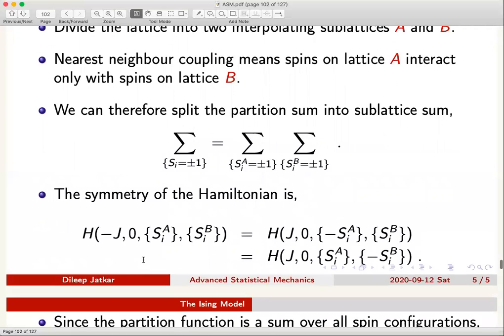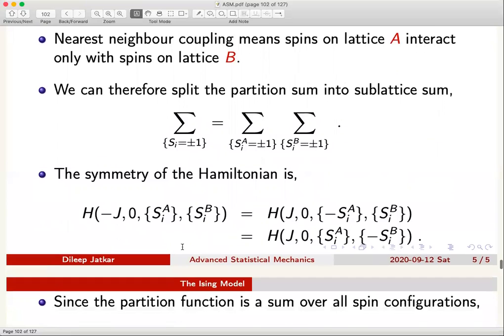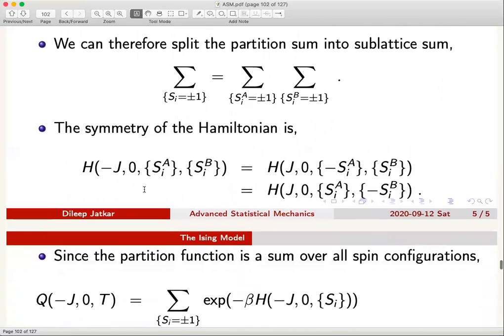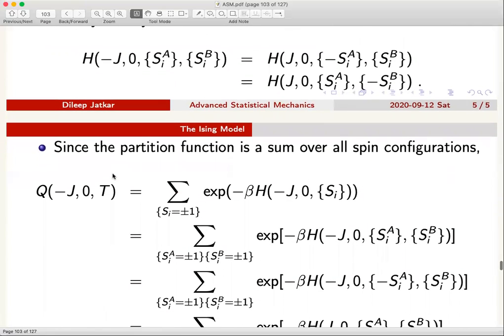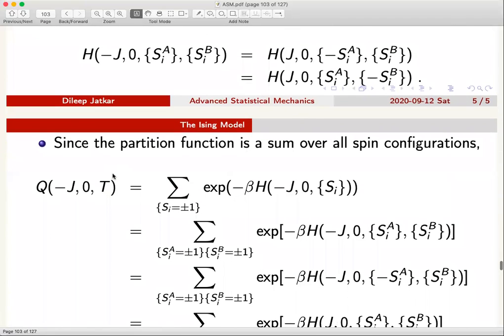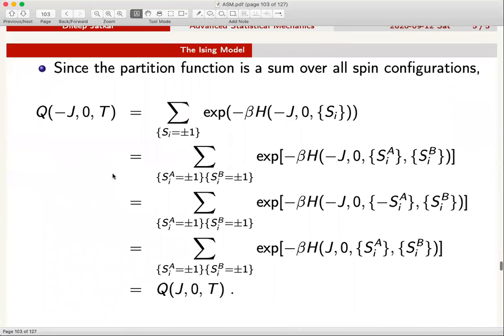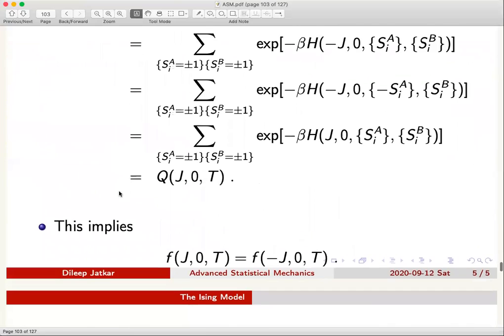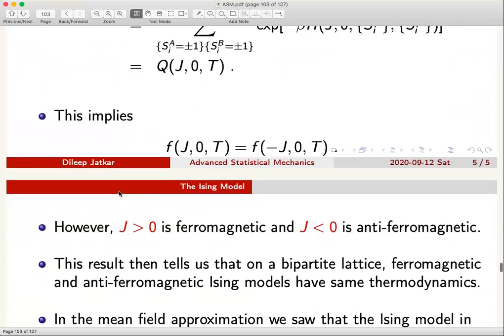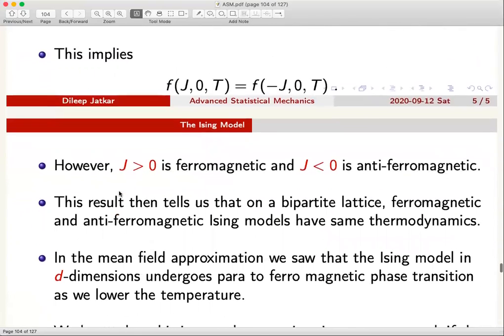It is a bit puzzling, in the sense that J going to minus J corresponds to switching from the ferromagnetic Ising model to the antiferromagnetic Ising model, and what one concludes is that the thermodynamics of the ferromagnetic and antiferromagnetic Ising models is essentially identical in the absence of external stimulus.